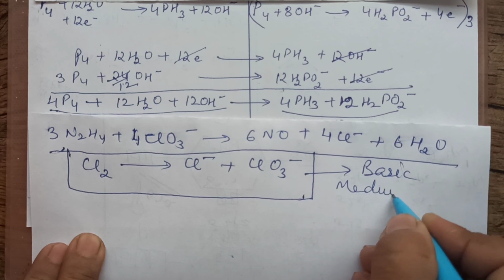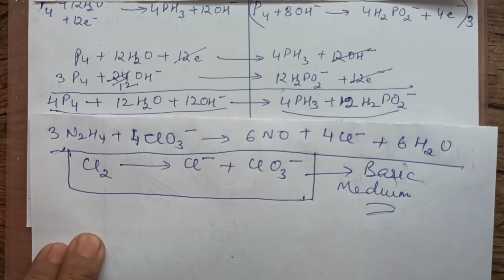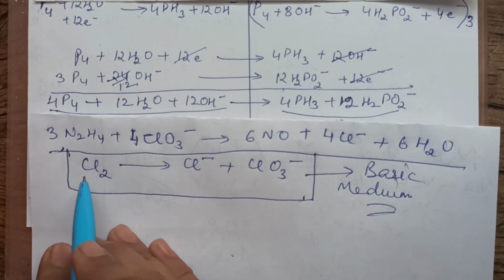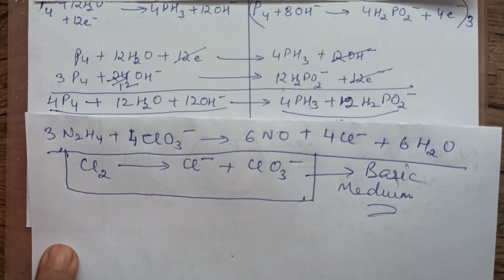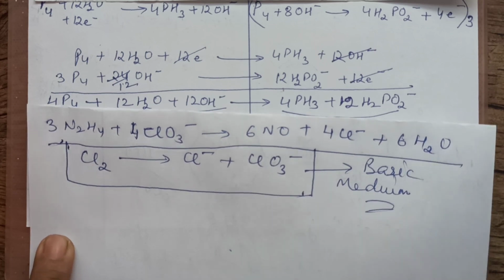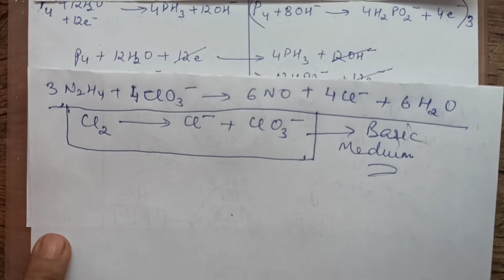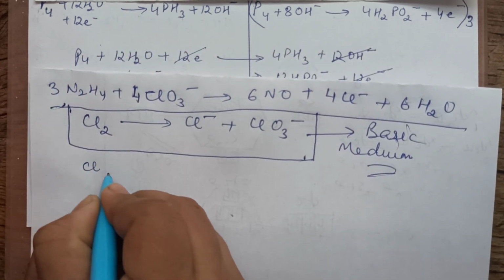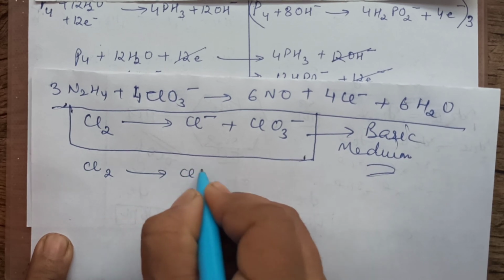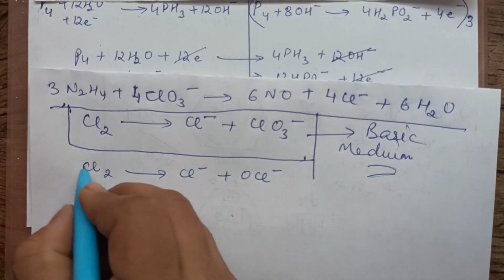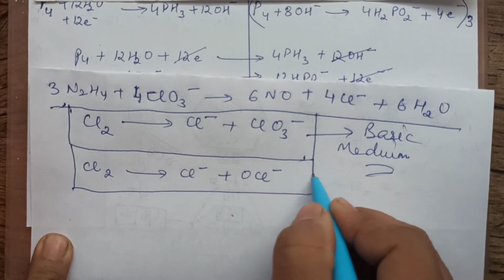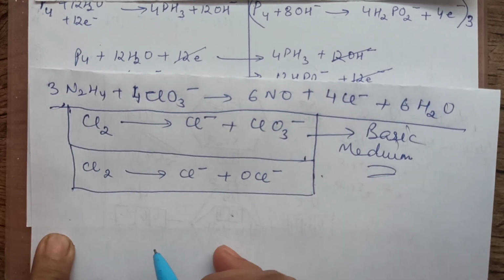You will balance it by the ion electron method in the basic medium. The equation is Cl2 forming Cl minus plus ClO3 minus. Okay, you can try, one more equation. I can write it for you. Cl2 forming Cl minus plus OCl minus. I'm not giving you answers for this, but you will try balancing both these equations.